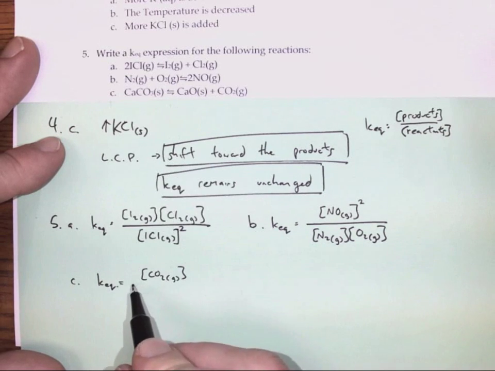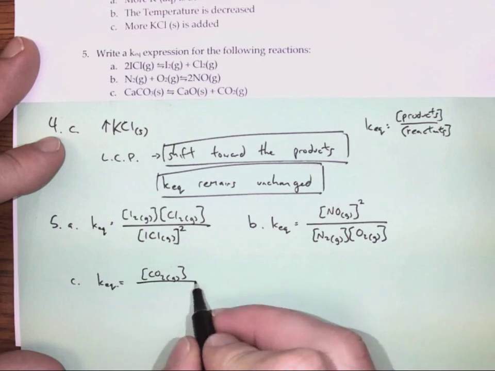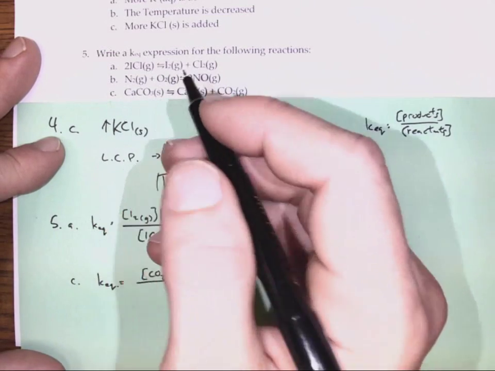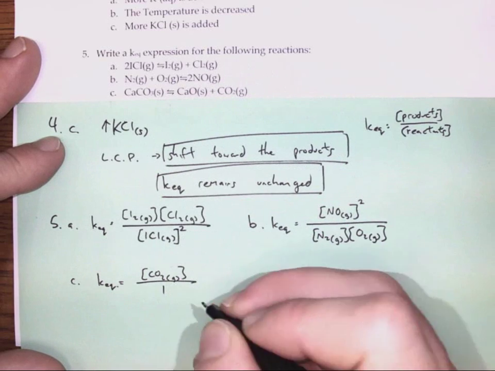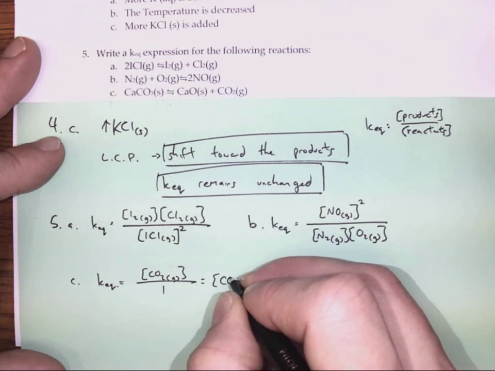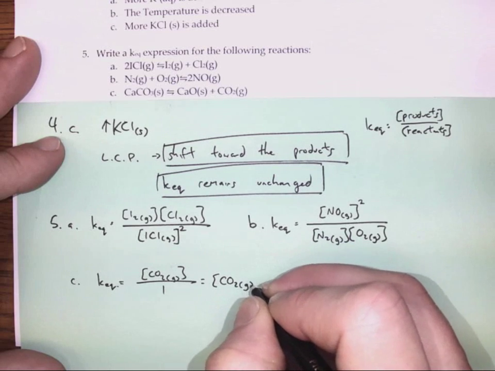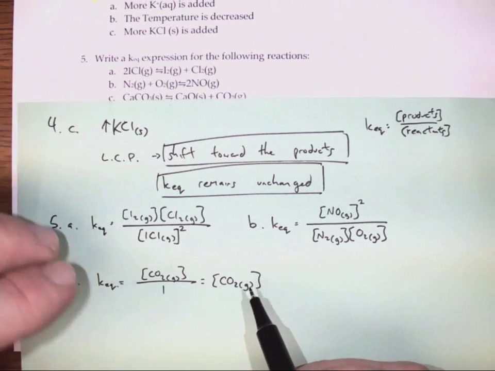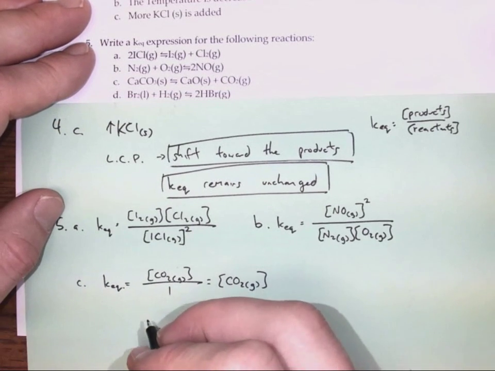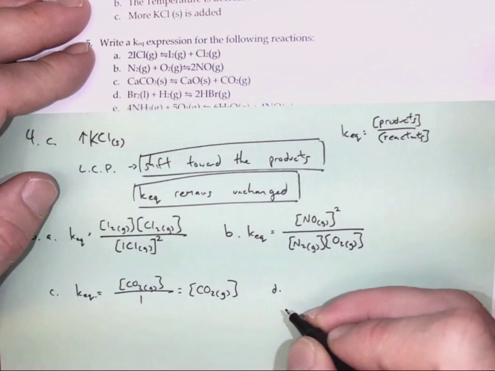And on our reactant side, we only have calcium carbonate, which is solid, and so we're just going to write that in as a value of 1, meaning really the KEQ is just the concentration of carbon dioxide. That is a ratio of products to reactants. Pretty simple.